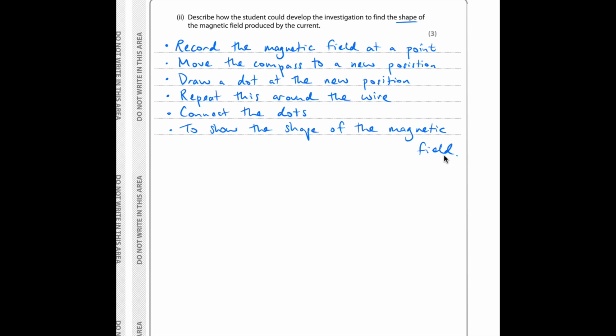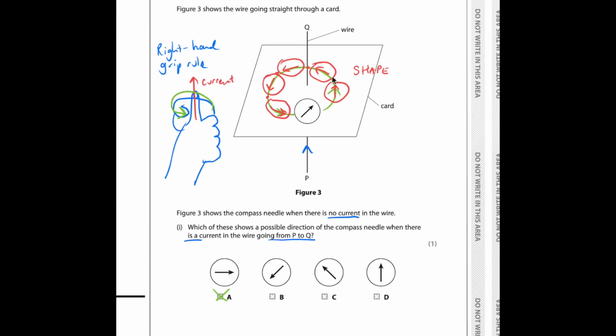The other way of doing it is if you use multiple compasses all at the same time and just put dots at the end of each arrow on the needle and then connect them. Or just because we're looking for the shape only, you could sprinkle iron filings, then turn the current on, and then give the card a little bit of a tap, and the iron filings will align themselves with the shape of the magnetic field.